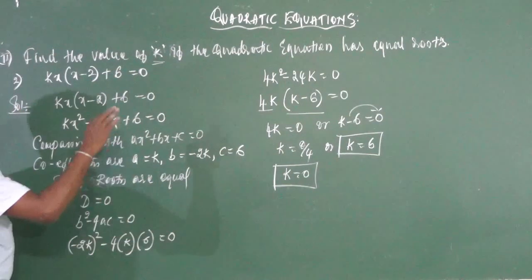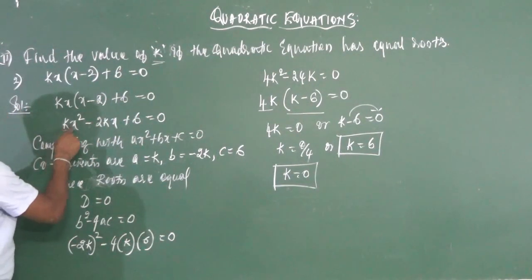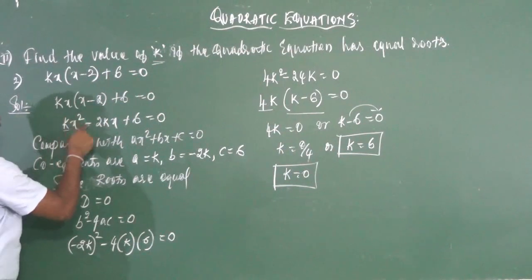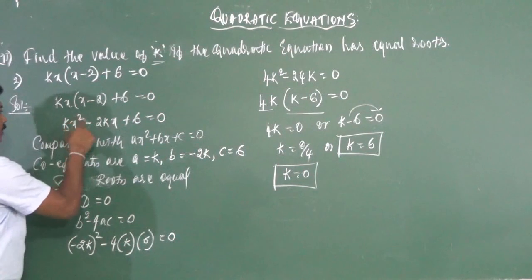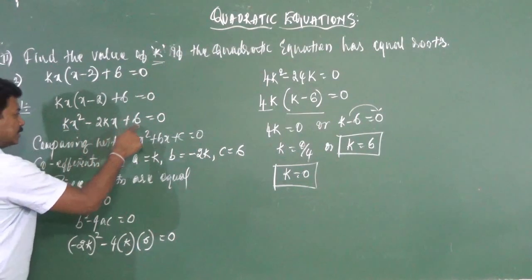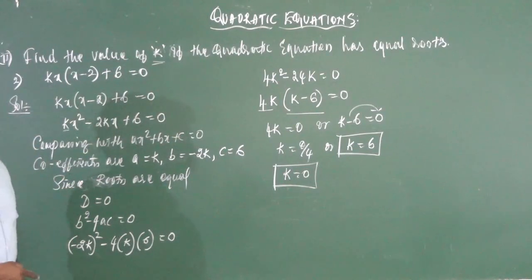If you substitute the value 6 in place of k, that becomes 6x square minus 2 into 6, which is 12, so 6x square minus 12x plus 6 is equal to 0. Please solve it by the method of factorization or by the formula method, whichever is your favorite.